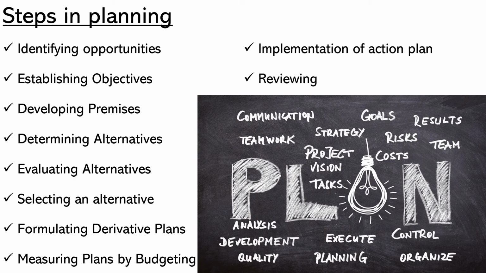Next one is establishing the objectives. Now you have to set a goal: when we want to accomplish it, where we want to accomplish it. Basically, you have to decide what we want to accomplish.